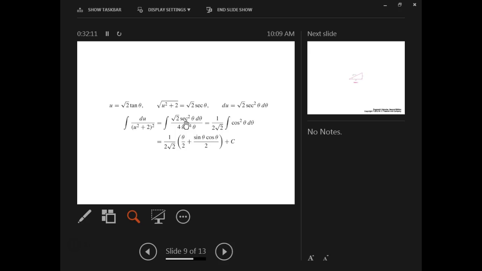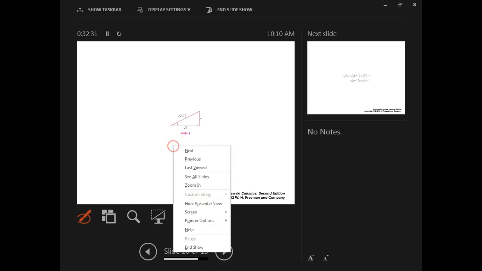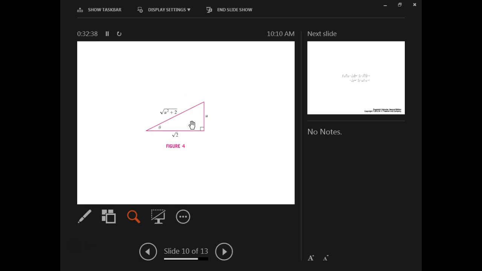And then they looked at the table just like Bailey did and put 1 over 2 root 2 here. Theta over 2 plus this plus c. They put the plus c in early. I should have, but I didn't want to haul it around that much. Okay? And they don't show the rest of it, but they jump right to their triangle, which is almost as pretty as mine.